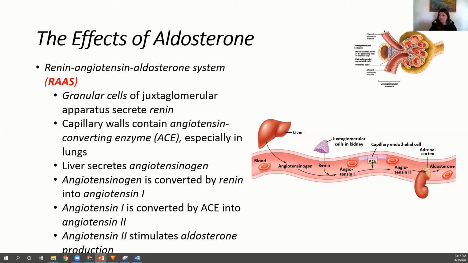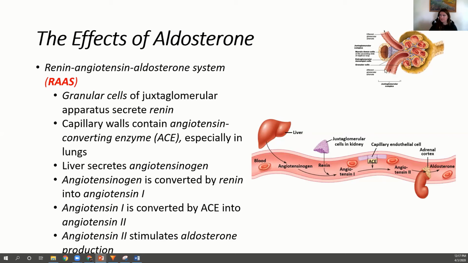So we have these special cells in our distal tubule, or the ascending limb of the nephron loop, called our macula densa cells. Those are the ones we were talking about when we were talking about regulating glomerular filtration rate, because we saw that they can release paracrine factors that constrict our blood vessels.